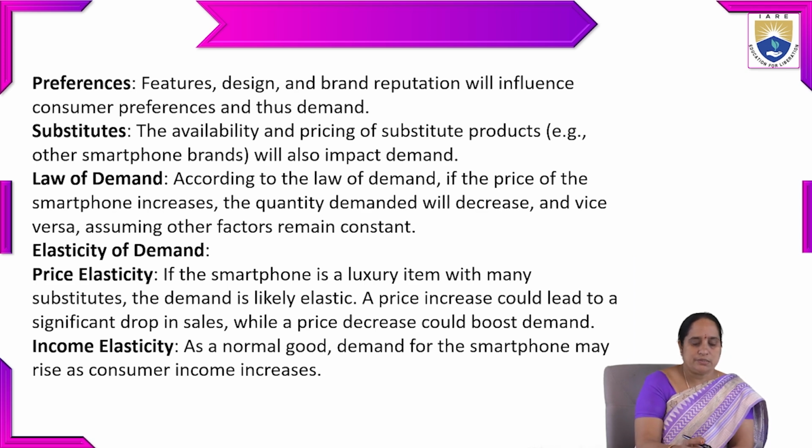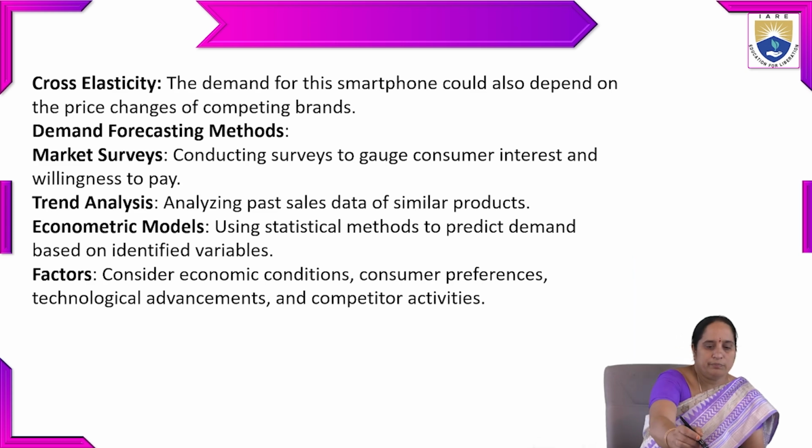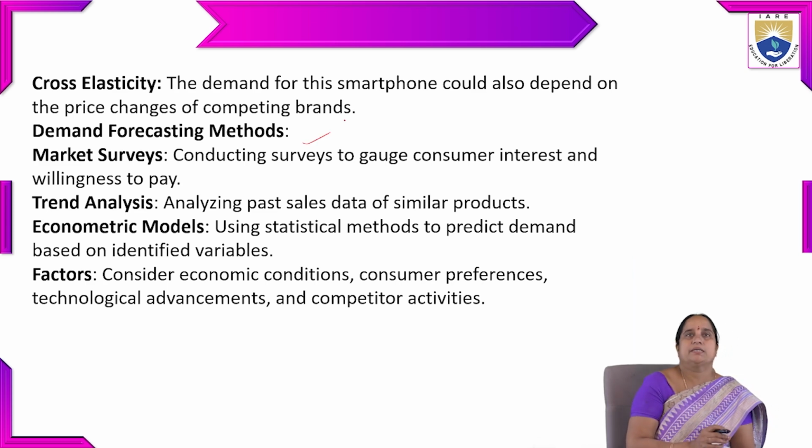Coming to income elasticity, as a normal good, demand for the smartphone may rise as consumer income increases. Then coming to the cross elasticity, the demand for this smartphone could also depend on the price changes of competing brands. Coming to demand forecasting methods, market survey: conducting surveys to gauge consumer interest and willingness to pay.